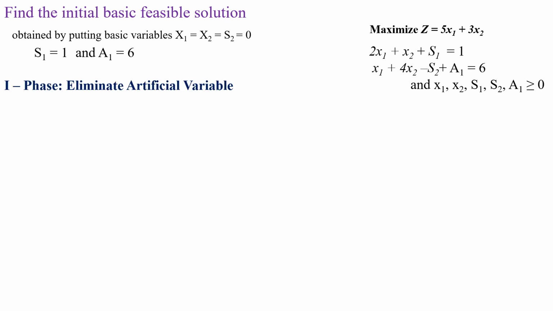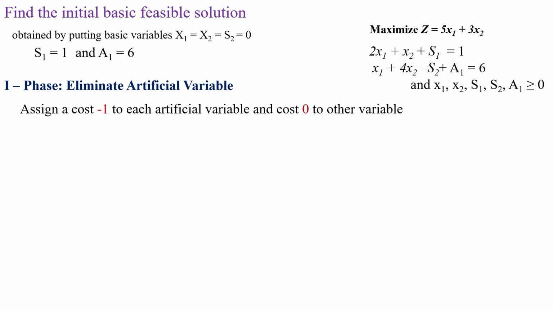So next we have to go for phase 1. Phase 1 is for eliminating the artificial variables. First we have to assign a cost value of -1 to each artificial variable and a cost value of 0 to the other variables.